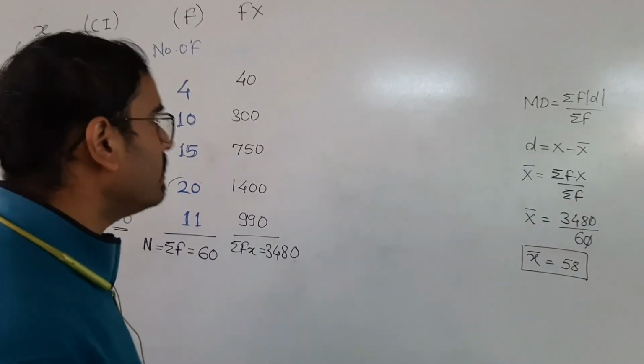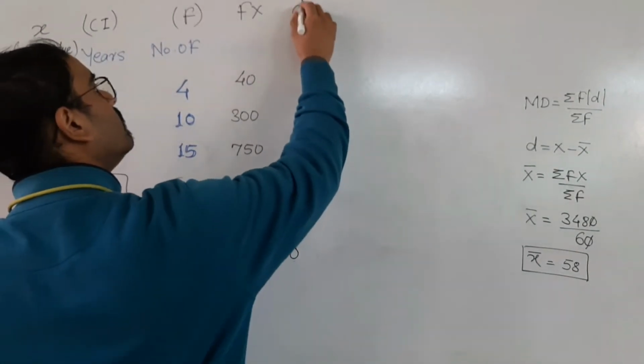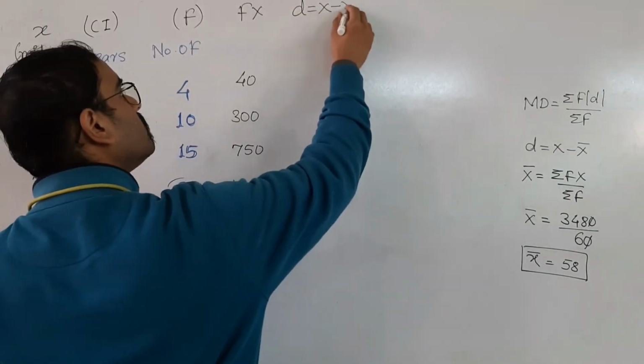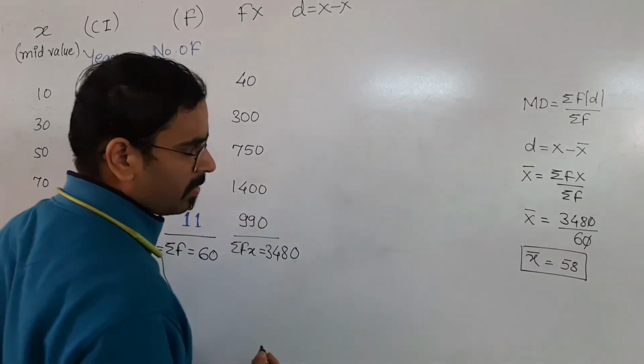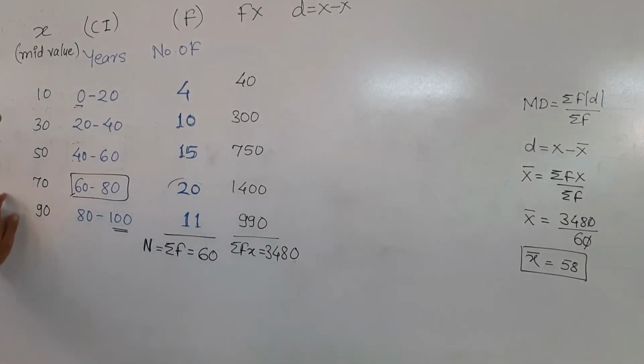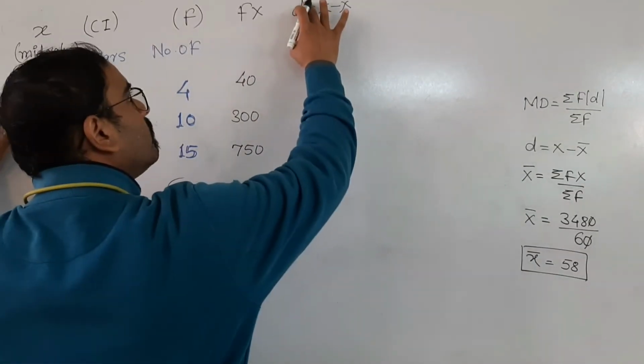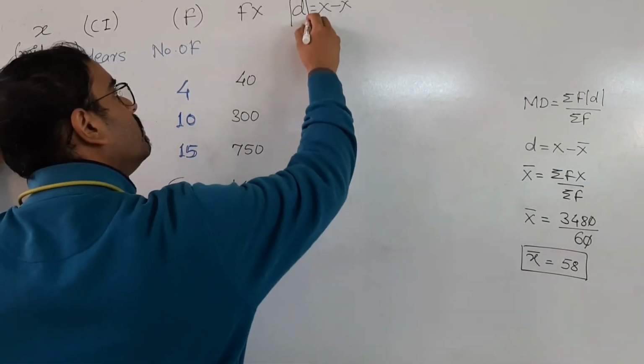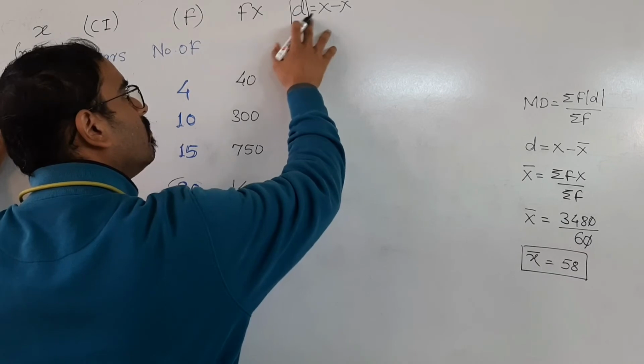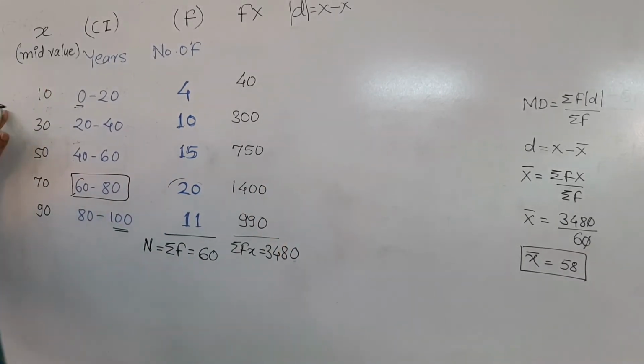So for finding d, we have to draw a d column here, x minus x bar. So we have x column and we have x bar. But whenever we are calculating d, it should be in mod. Why is it in mod? We just calculate the dispersion. We don't have to consider the sign.